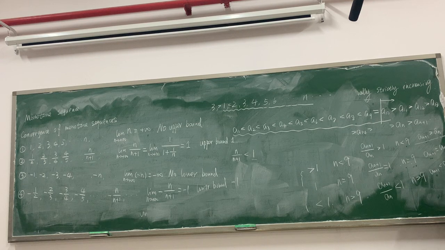The first is that there is a constant N, called an upper bound for the sequence, such that a_n is less than or equal to N for all n, in which case the sequence converges to a limit and the limit is also less than or equal to N. The second is that no upper bound exists, in which case a_n approaches plus infinity. This is the first.